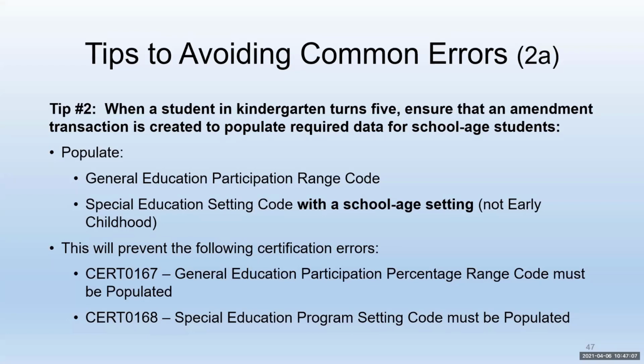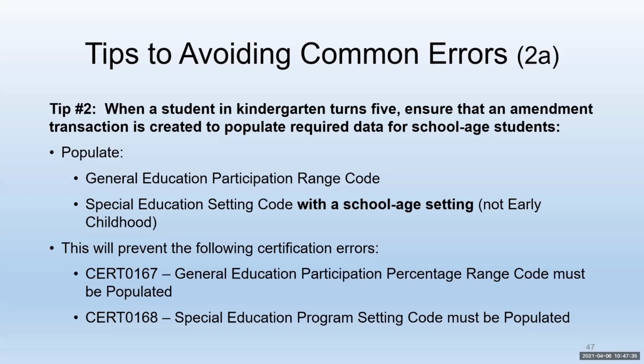So there are 2 fields specifically that we're looking for data in for those students. Number 1, the general education participation range code has to be populated. And secondly, the special education setting code with a school age setting, meaning anything except code 201, which is early childhood. Because remember, we don't expect kindergartners who are at least age 5 to be in early childhood settings. It has to be a school age setting.